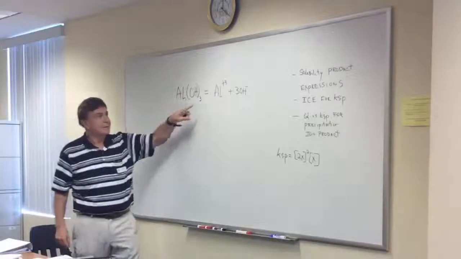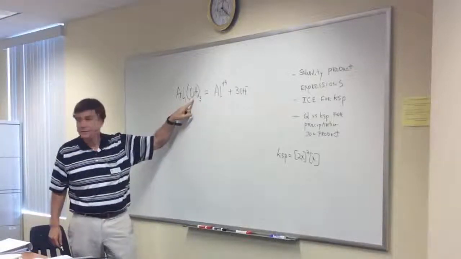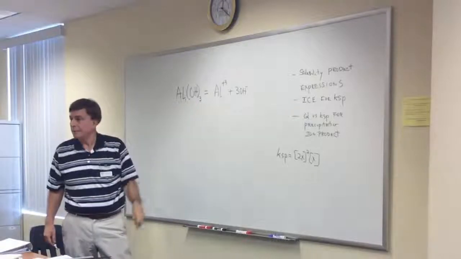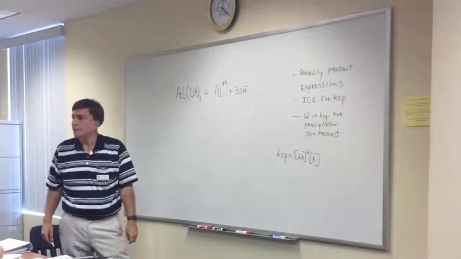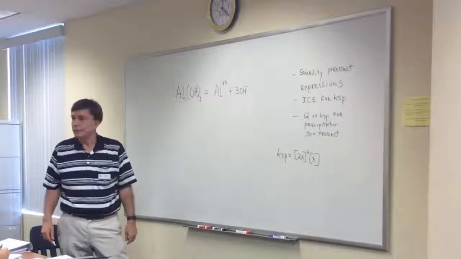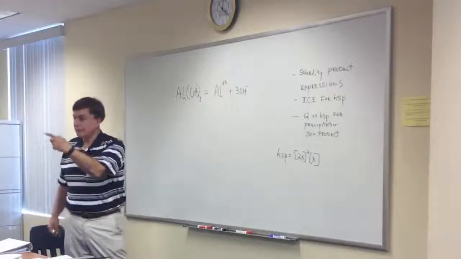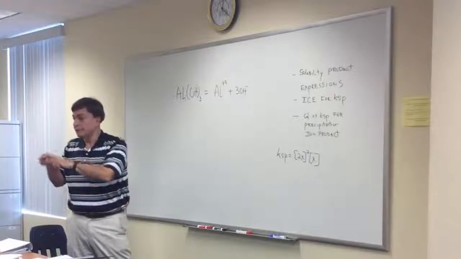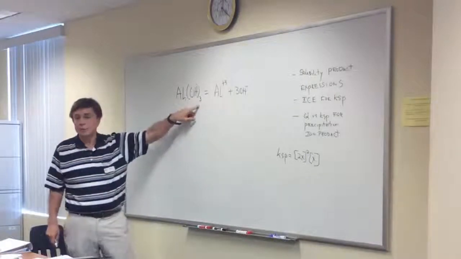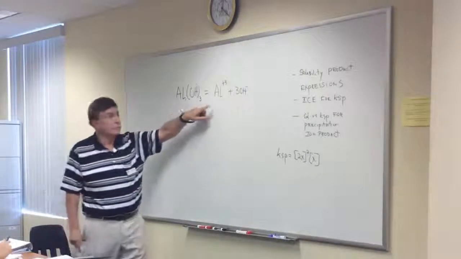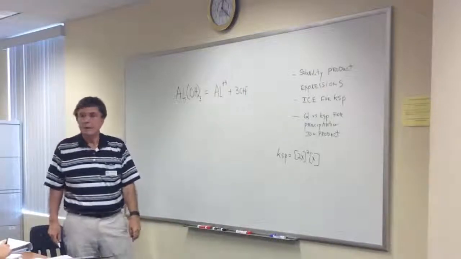And then that goes back across, so Al is to the positive 3. So it's the crisscross? Yeah. But remember, don't make it more difficult than this. Crisscross will give you the right charges. To get the right numbers, it's always going to be this subscript. Okay.